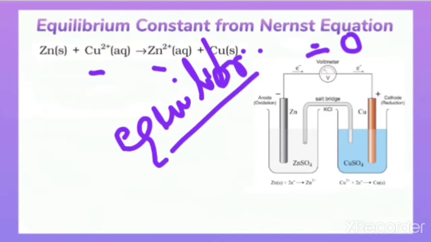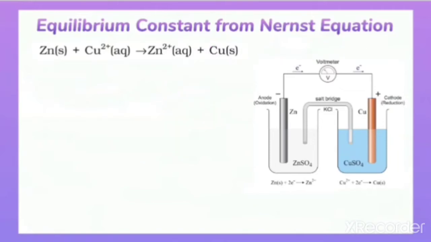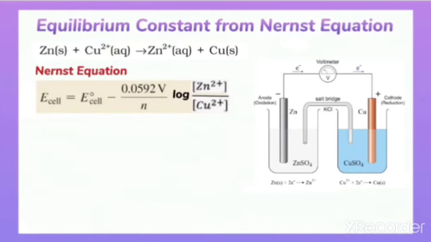Now the Nernst equation, which we have already written for the reaction Zn plus Cu2+ giving rise to Zn2+ plus Cu, is what we have learnt.